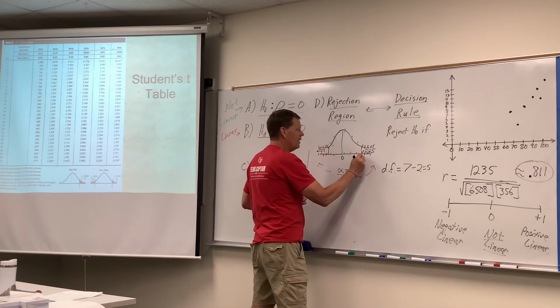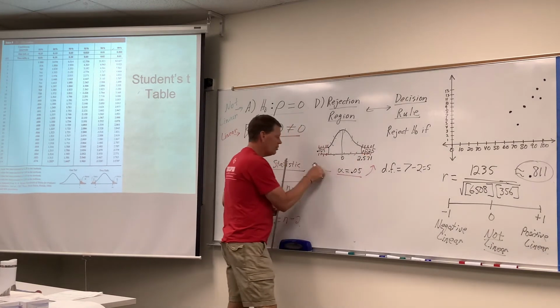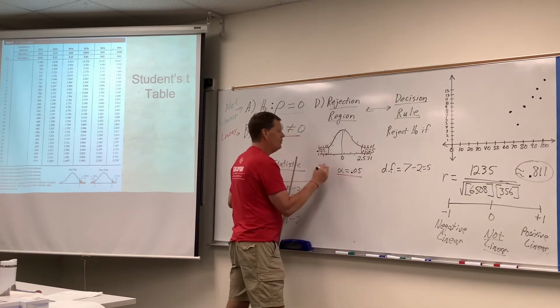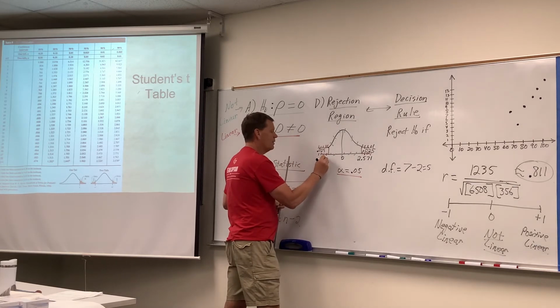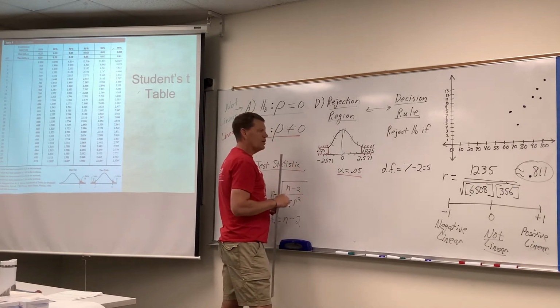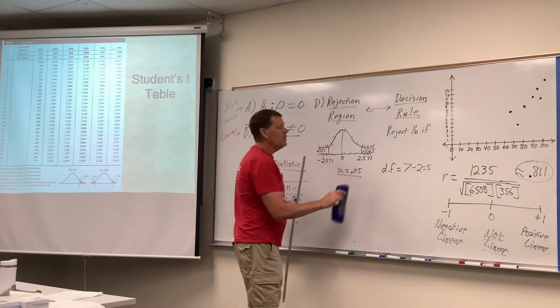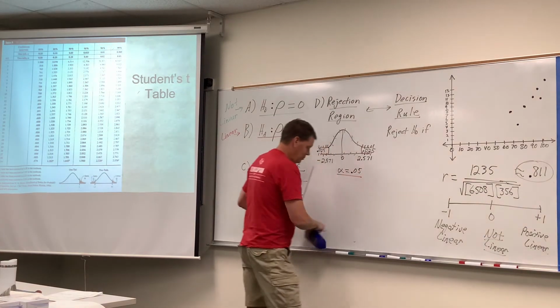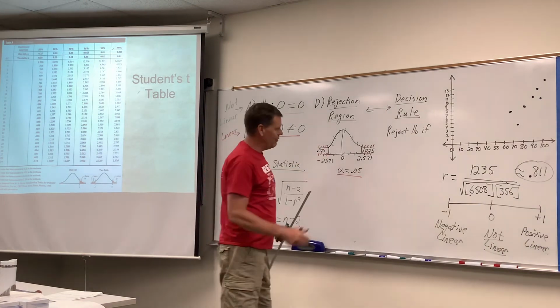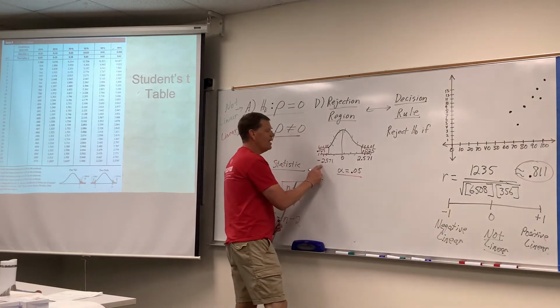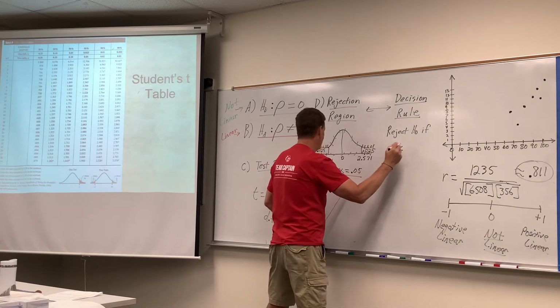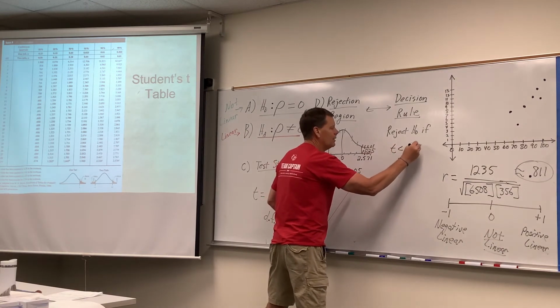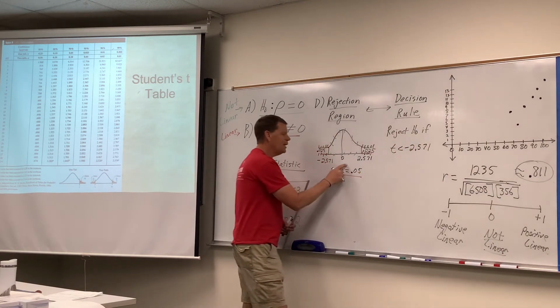And because of the two-tailed nature of this, we'll have the positive as well as the negative. And there are two possible rejection regions. If the t-value ends up being less than negative 2.571, and you know what that'll mean?